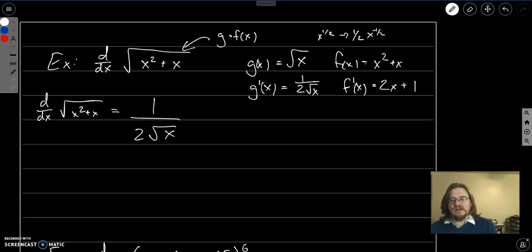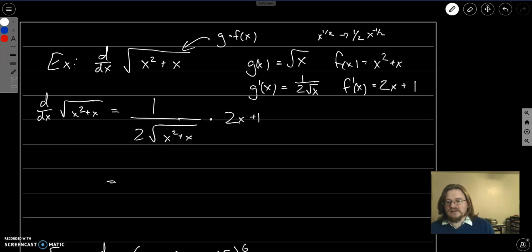So we take the derivative of the outside guy, but we plug in f of x. So this is going to actually be the square root of x squared plus x. So again, this is the derivative of g with f of x plugged into it. And then we're going to take this times the derivative of f.